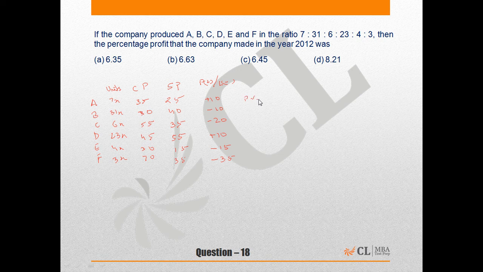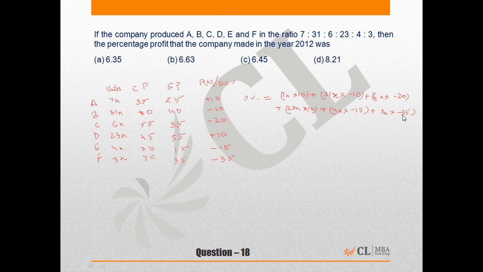So profit percentage will be calculated as 7x into 10 plus 31x into minus 10 plus 6x into minus 20 plus 23x into plus 10 plus 4x into minus 15 plus 3x into minus 35.